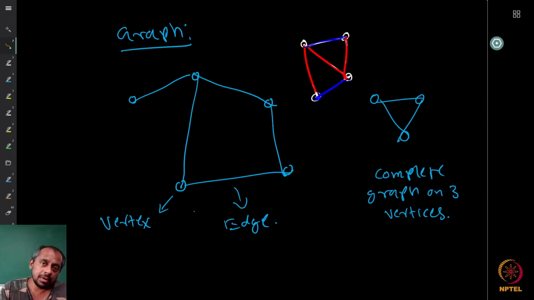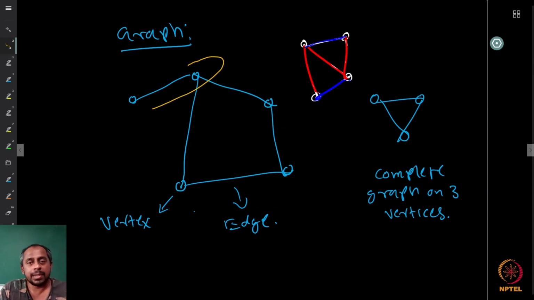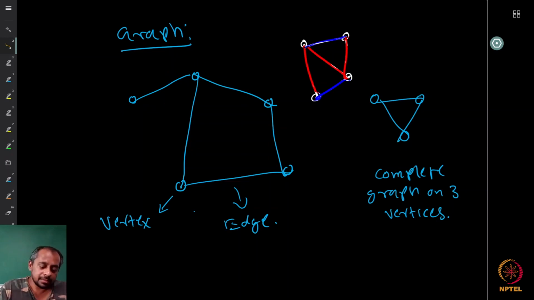Whenever 2 vertices are in a relation, I say there is an edge, and I represent the edge by a line segment joining the corresponding vertices. For the time being, this is a graph for us. We have vertices and 2 element subsets, and the advantage is that this graph can represent many things.